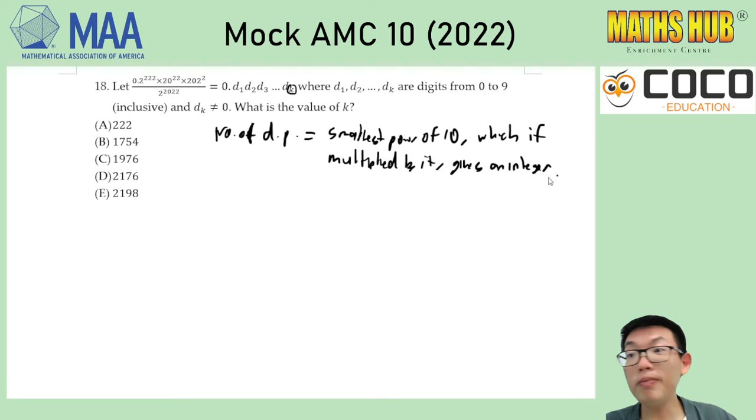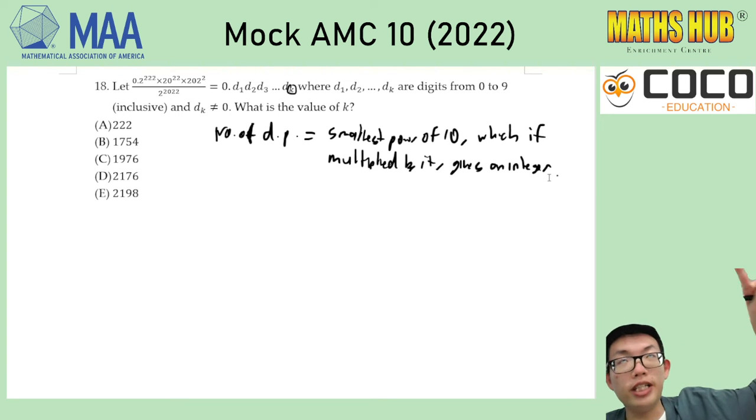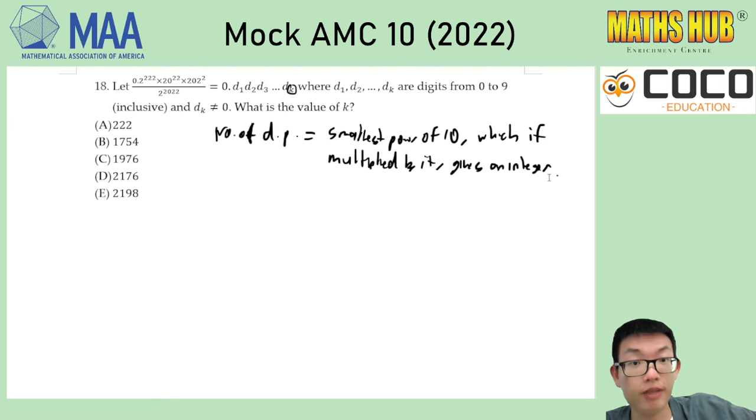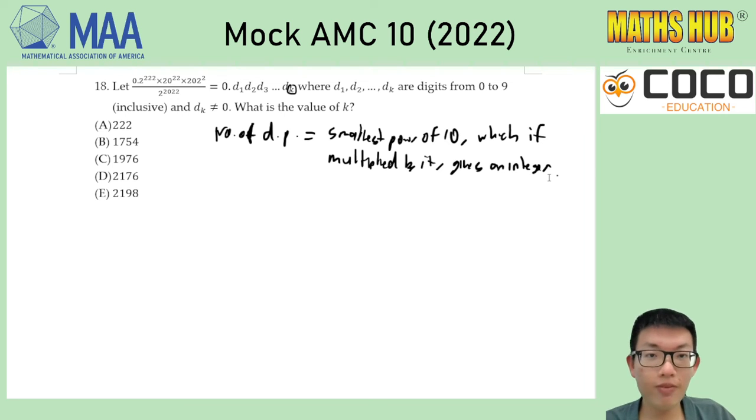So the decimal places is just how many times you need to shift the decimal place, which is just how many times you need to multiply by 10, which is just the smallest power of 10 needed to shift it along. So that means that moving it along is the power of 10. I need to know, well, what does this fraction actually look like? What's in the denominator when I write it as a nicer fraction?